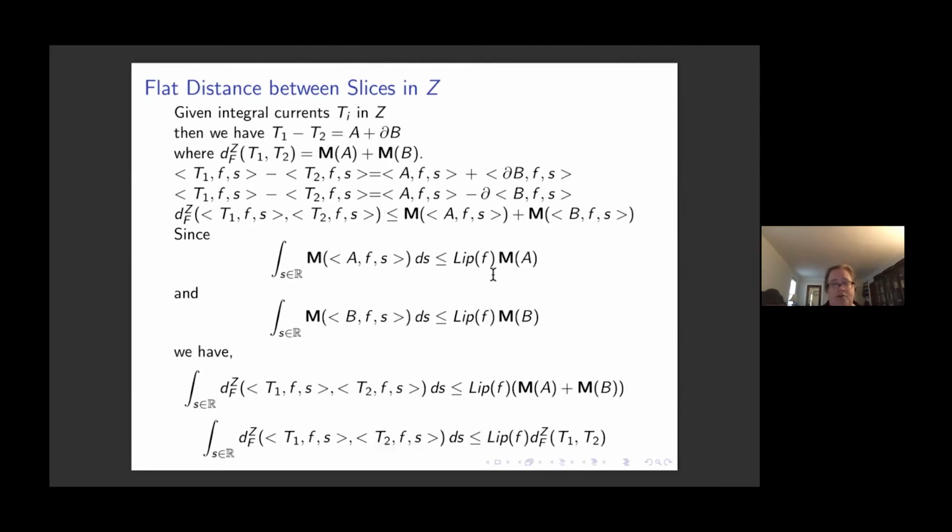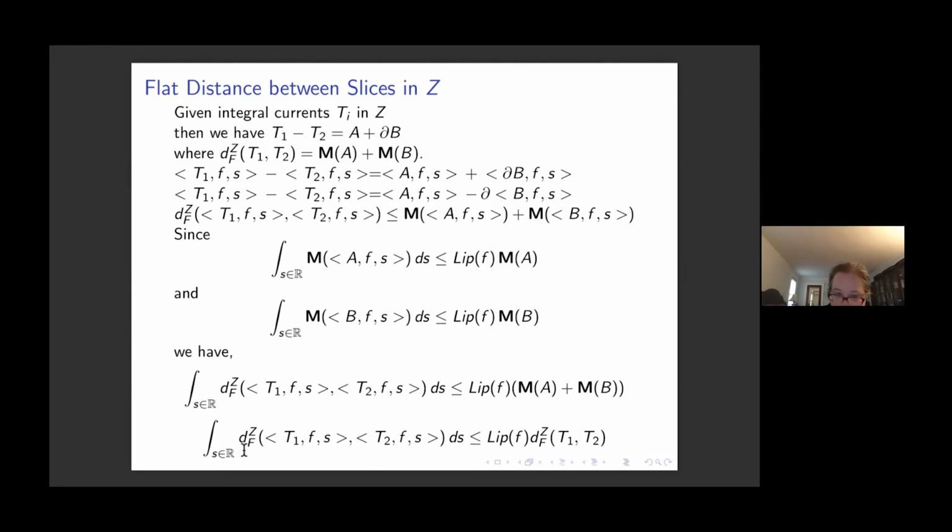All right, I maybe did too much at once. Let's say what we know about masses of slices. We can use Ambrosio-Kirchheim's integral and say the mass of the slices of A integrated is less than or equal to the Lipschitz constant for F and the mass of the whole A. And the mass of all the slices of B integrated is less than or equal to the Lipschitz constant of F times the mass of B. So we end up that if we integrate the flat distances, it is less than or equal to Lip of F times the sum of the masses.